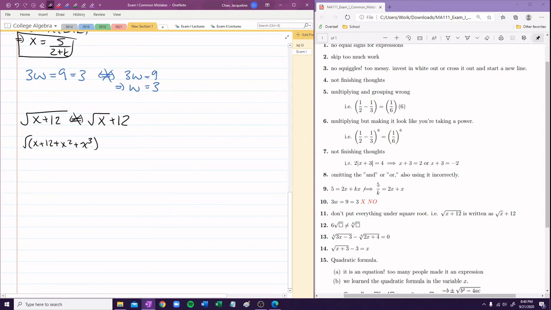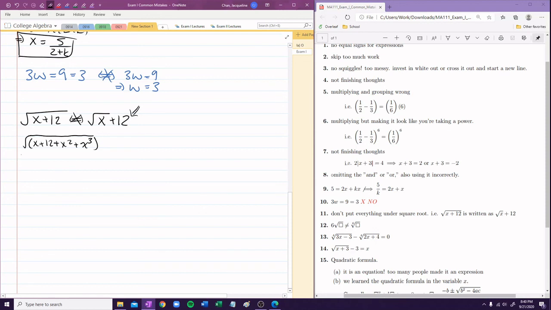This is acceptable if you put these in parentheses. What this is telling me is I'm going to take the square root of everything in the parentheses, because these are all grouped together. This is not my preferred way, but if you really do not like drawing lines this long, I will accept it if you put parentheses around it. But I will not accept something like this. It's not the same.